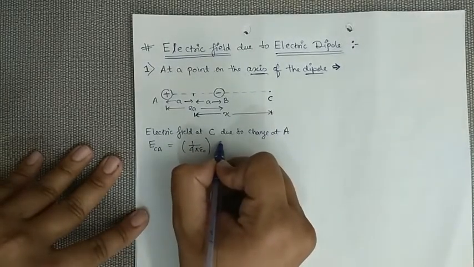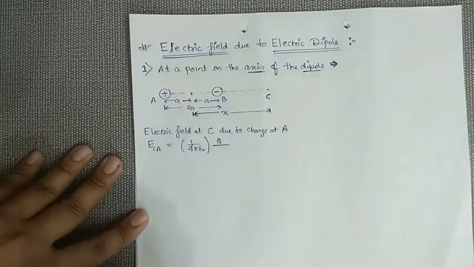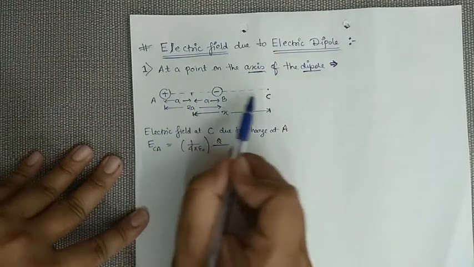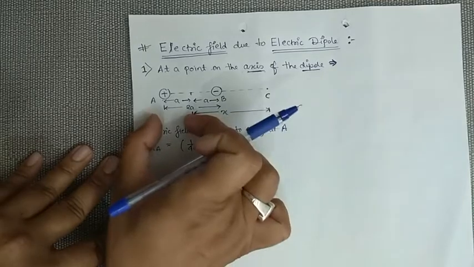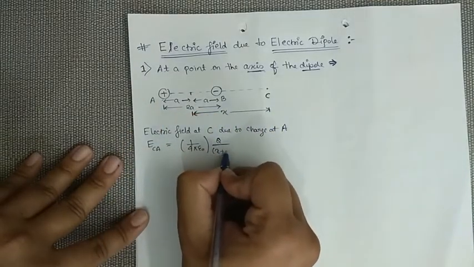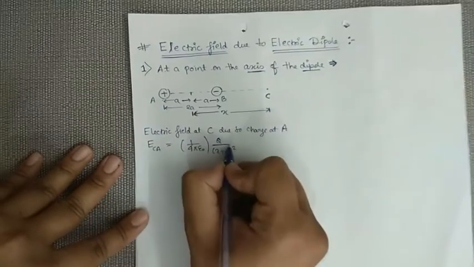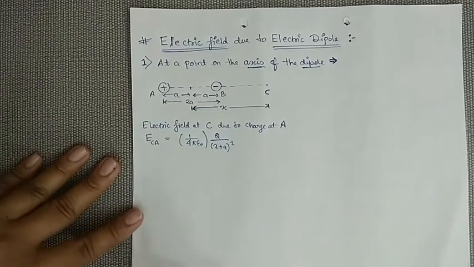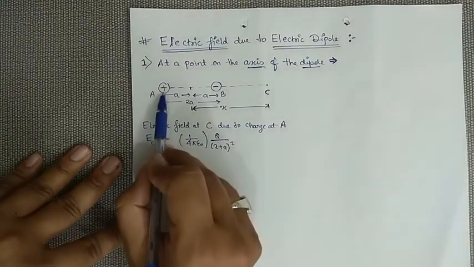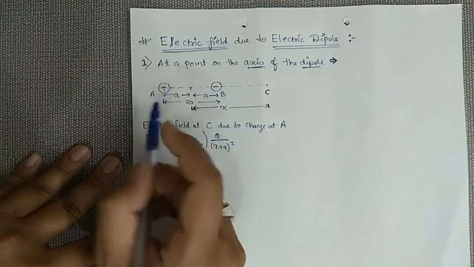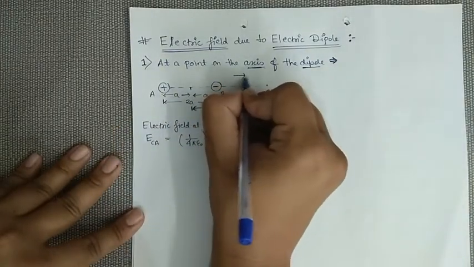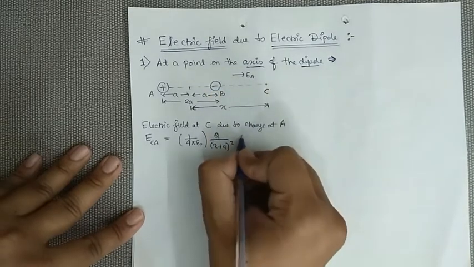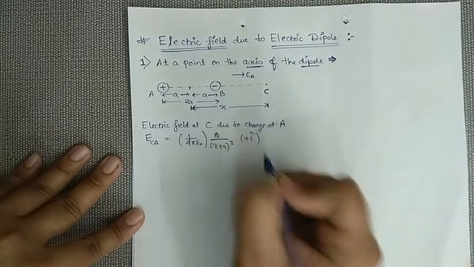So let the charge be Q, and the distance from point A to C is x plus a, since this half distance is a. So total distance is x plus a, whole square. Now you can see this is positive charge, and we know the electric field always originates from positive. So the direction of this electric field will be positive x-axis, so we can write plus i cap.